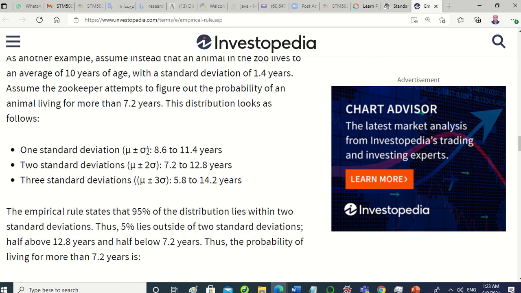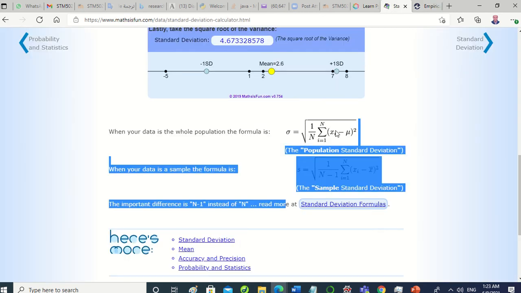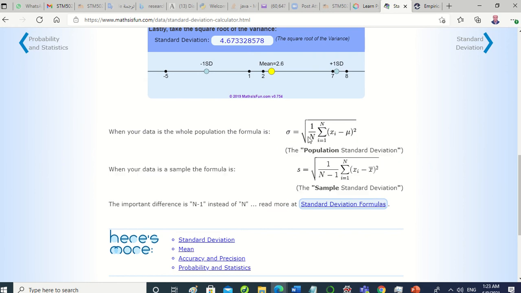In Python, we will not calculate all of this formula, the part under the root mean square. There is a ready built-in function which is std. We will see it here in Spyder.